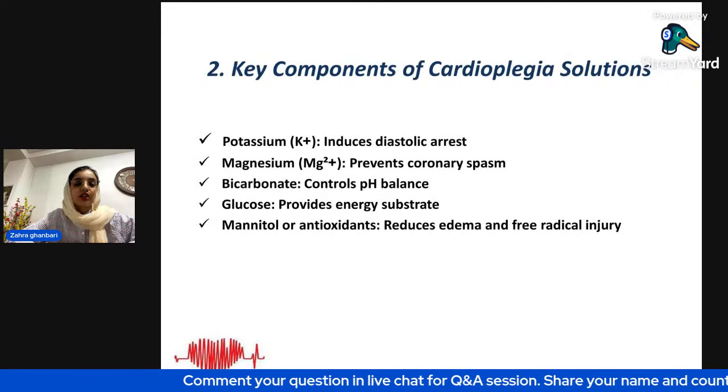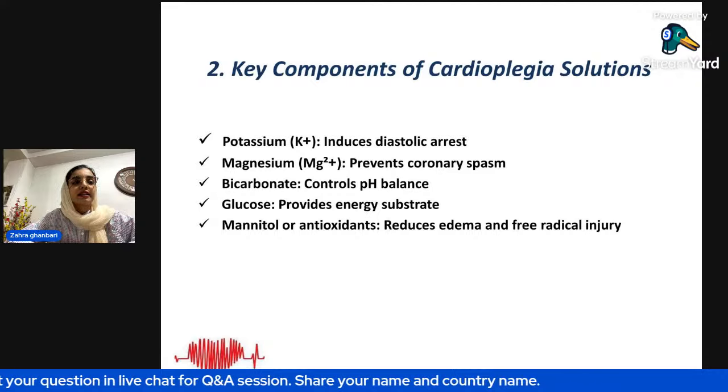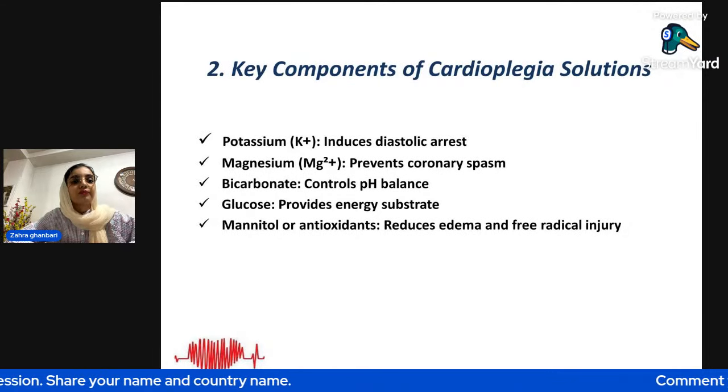Bicarbonate, as all of us know, acts as a buffer and helps maintain physiologic pH. Glucose provides an energy substrate.